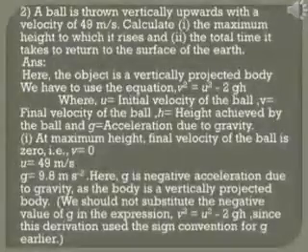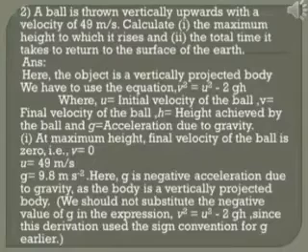See the second question. A ball is thrown vertically upwards with a velocity of 49 meter per second. Calculate first, the maximum height to which it rises, and second, the total time it takes to return to the surface of the earth. What should be the solution? Here, the body is a vertically projected body.